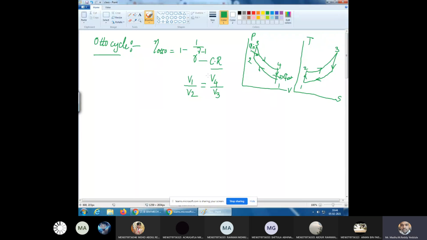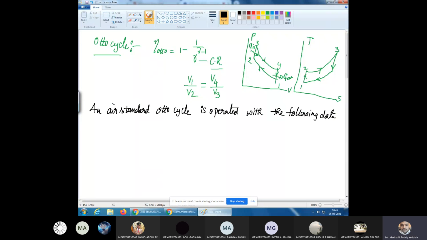Okay, so I'll write the problem. An air standard Otto cycle is operated with the following data. Okay, right. So maximum cycle temperature and pressure are given.